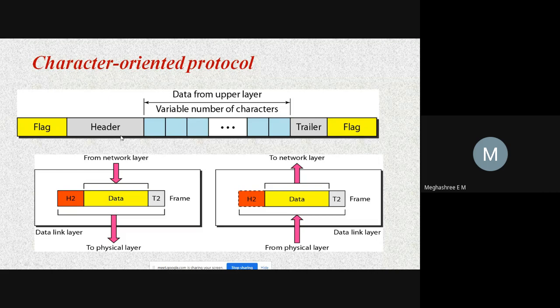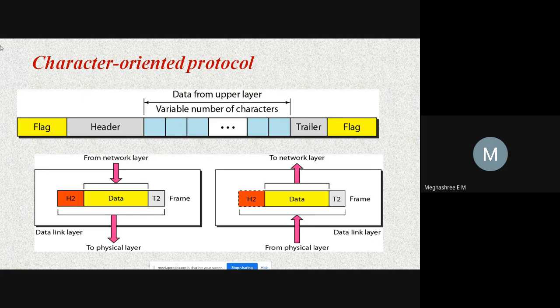So header includes the information required for the receiver to process the data. This may be source address, destination address, or any other control information. Whereas trailer includes redundant bits with respect to error control. It may be CRC or checksum data.